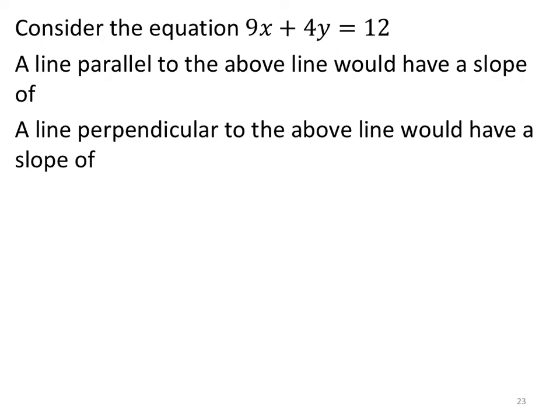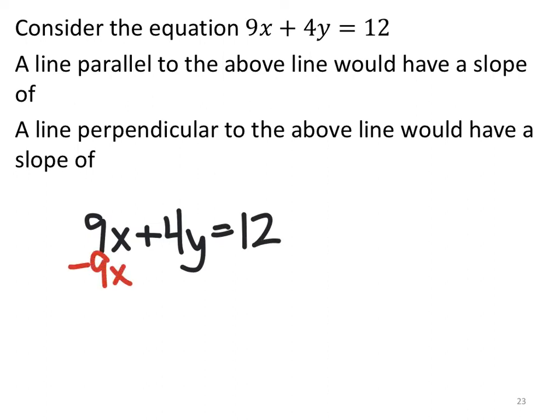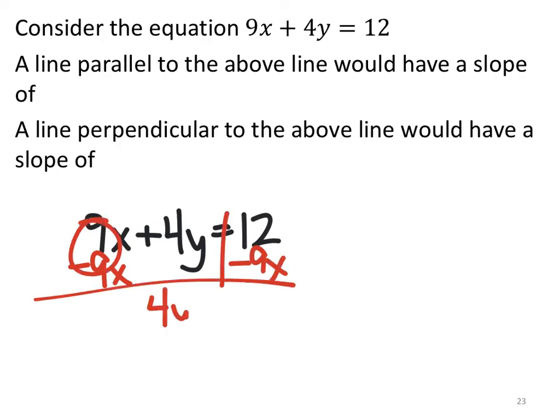So on a problem like this one, we want to find the slope of a parallel and a perpendicular line, no problem. But we don't know the slope or the y-intercept on this one, and again, you could use the formulas, but I prefer, and I think you guys probably prefer, to see this in slope-intercept form, right? So get rid of your x's, so minus 9x, and like I said, you can flip them later, you can flip them now if you'd like. 4y equals, I'm going to flip them right now.